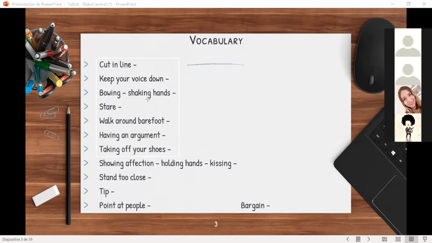Now you will have 2 minutes to write an example sentence using these phrases. Okay, so you will have 3 minutes, I guess, to do these 7 sentences. Okay, please let me see.